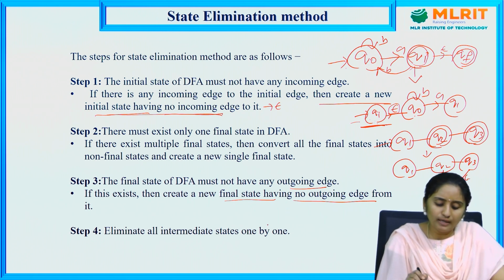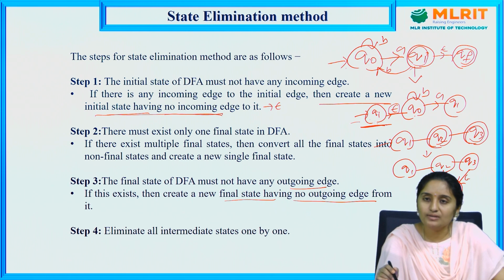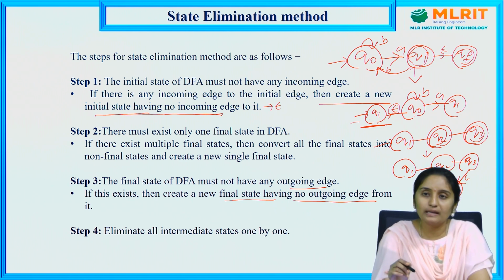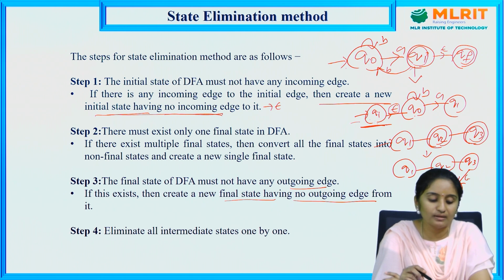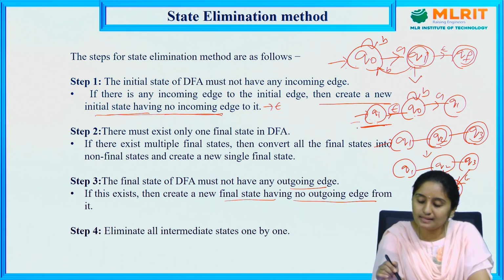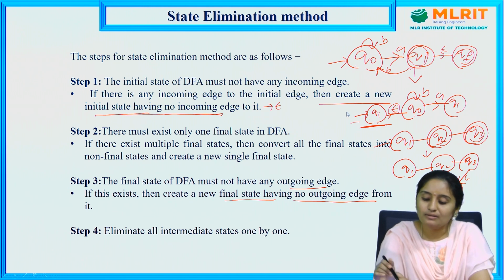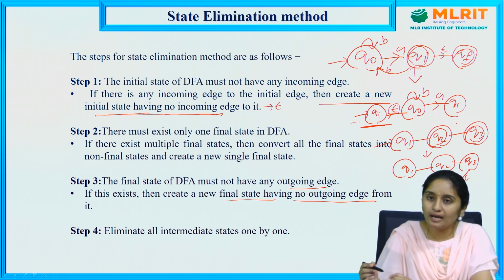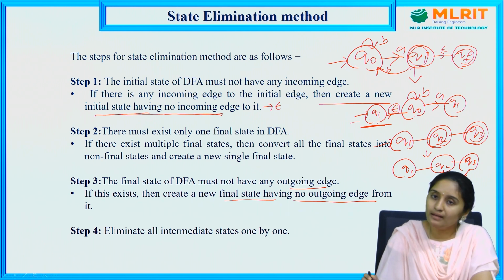Then eliminate all intermediate states one by one. So what are the steps required to find the regular expression using the state elimination method? The first step: there should not be any incoming edge for the initial state. If we find one, create a new state and make it the start state. Next, there should not be multiple final states. If we find multiple final states, create one state and make it the final state.